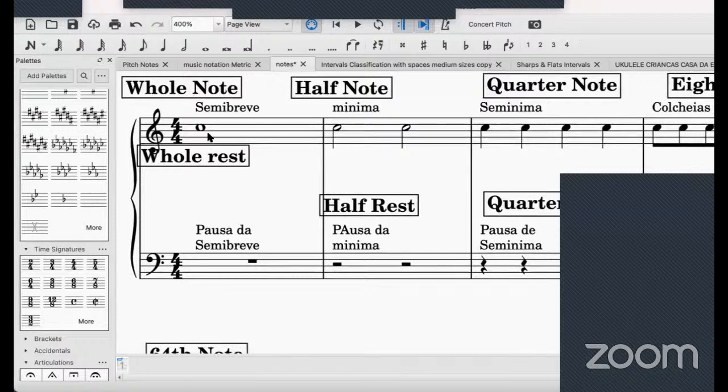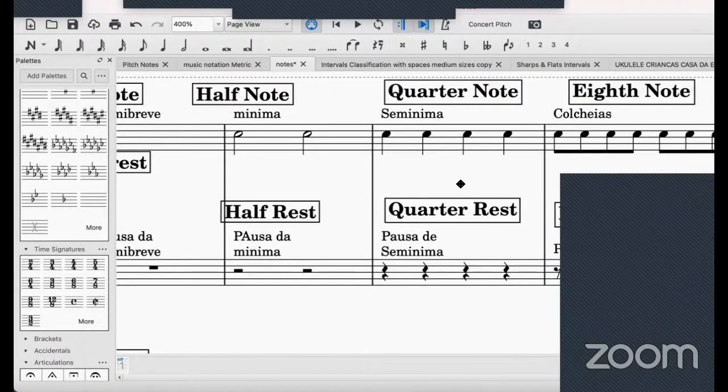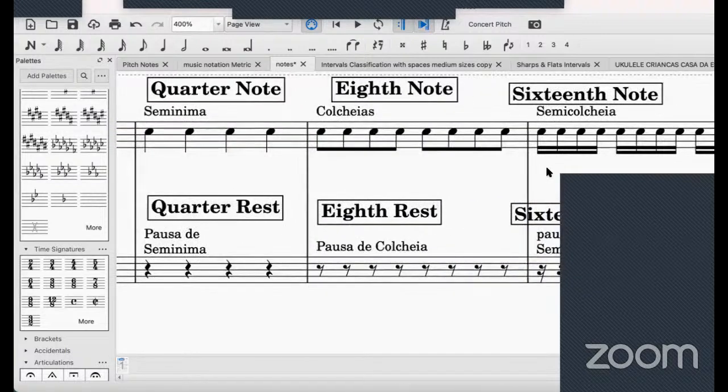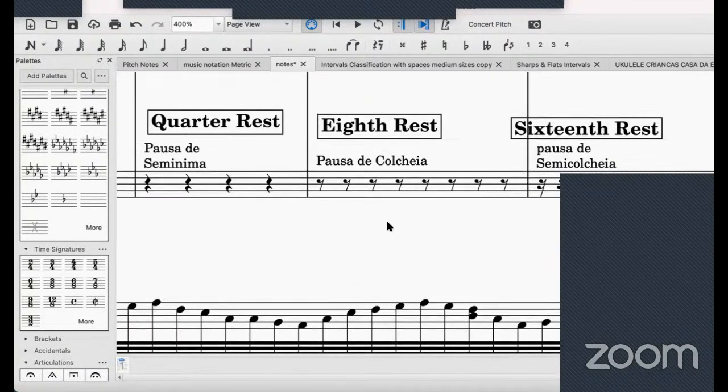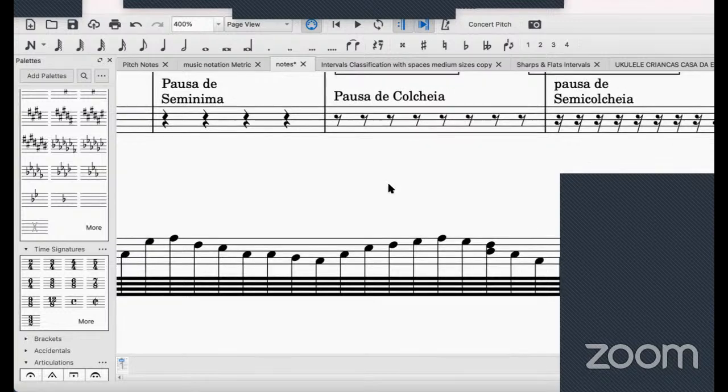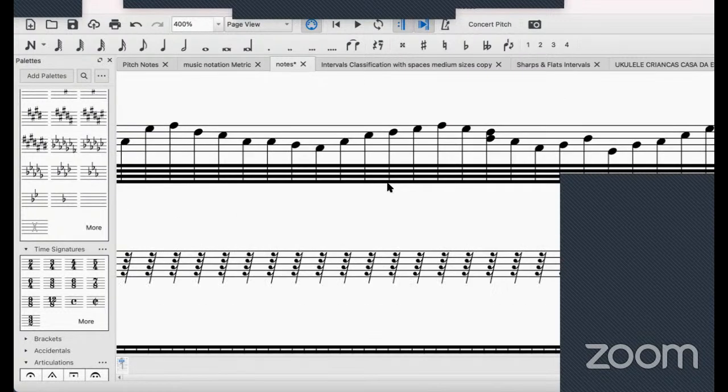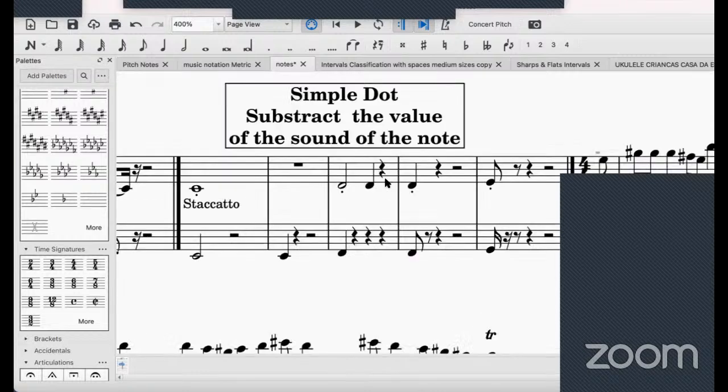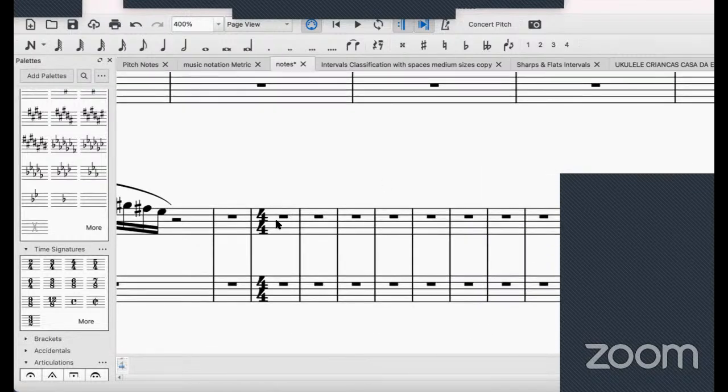So whole note is 1, half note is 2, quarter note is 4, eighth note is 8, 16th note is 16, 32nd note is 32, 64th note is 64, 128th note is 128. So on the measure 4/4, you can add any combination that will lead towards the 4/4. Could be this.